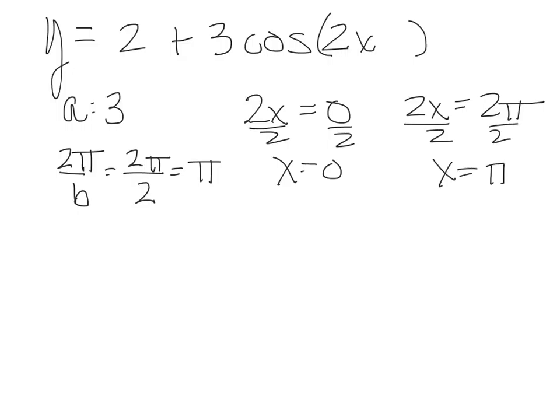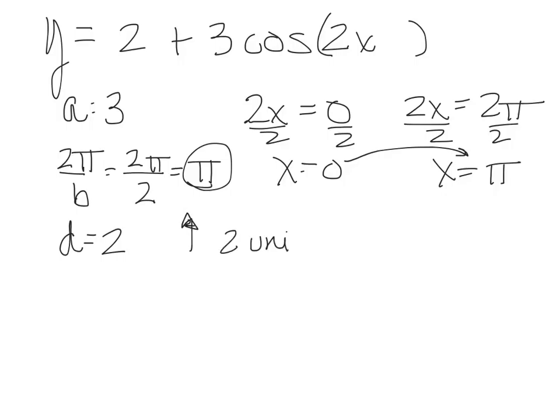Oh, it's going to end at pi. Does that make sense? If the period is pi, if it starts at 0, should it end at pi? It better. And then we have a D value here. The D value is 2. What that means is it's going to move the whole graph up 2 units.